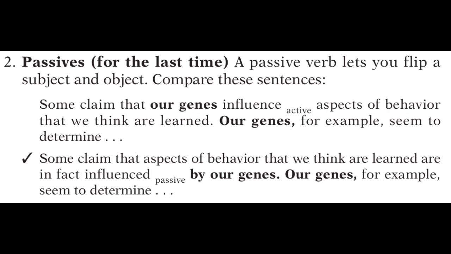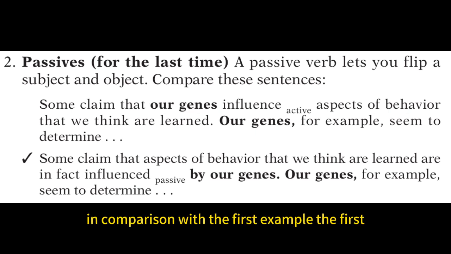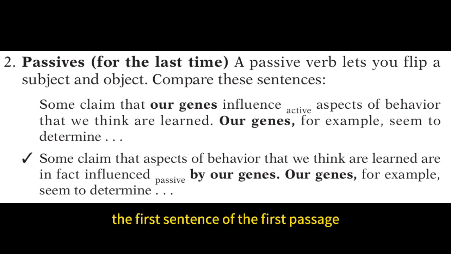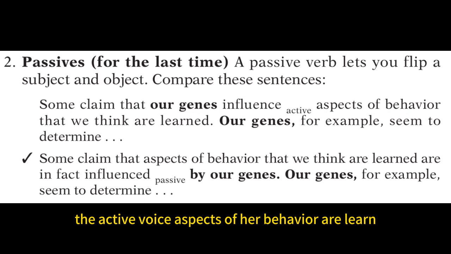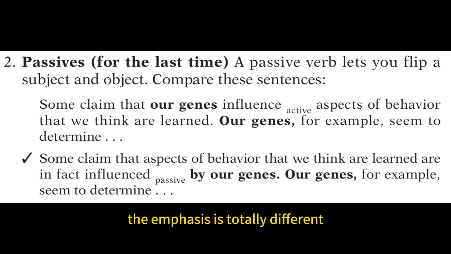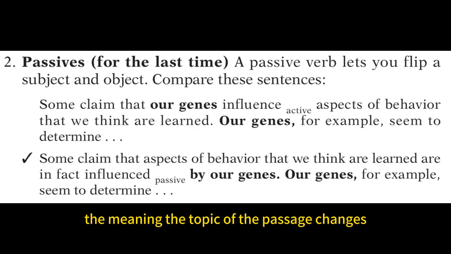In comparison with the first sentence of the first passage, it employs the active voice. Aspects of a behavior are learned. The emphasis is totally different, such that in the end, the meaning, the topic of the passage changes.